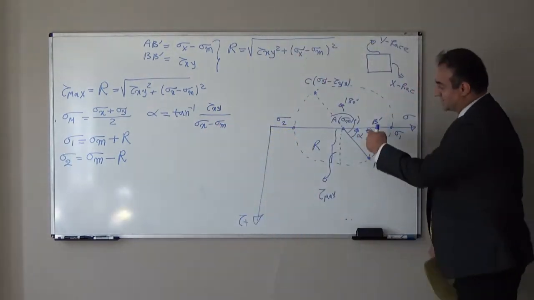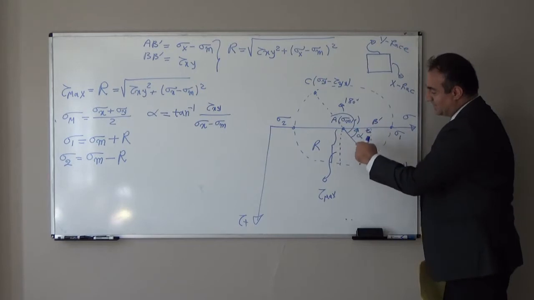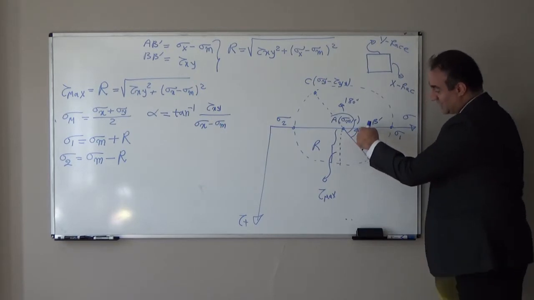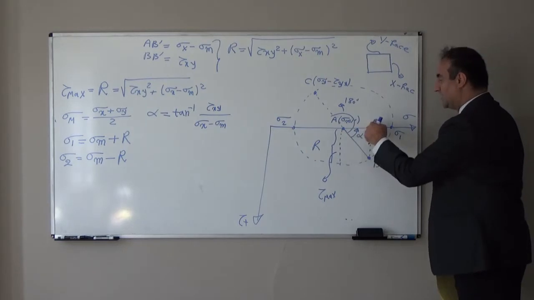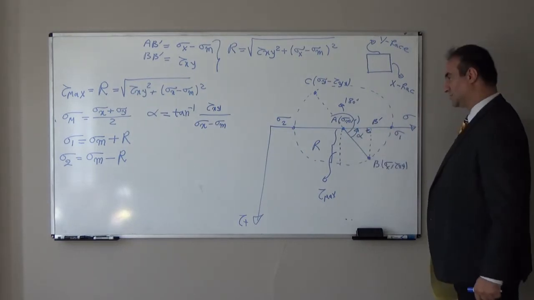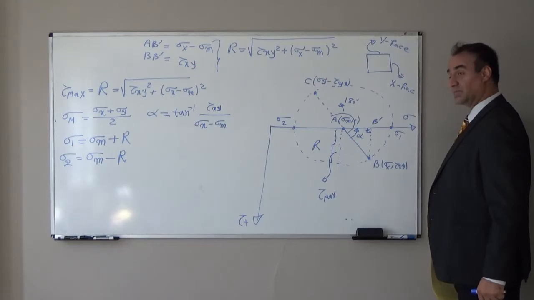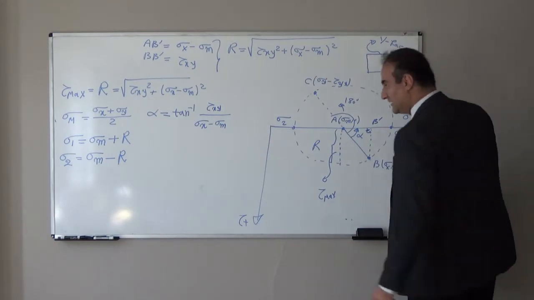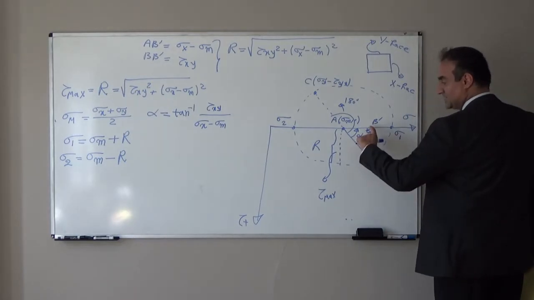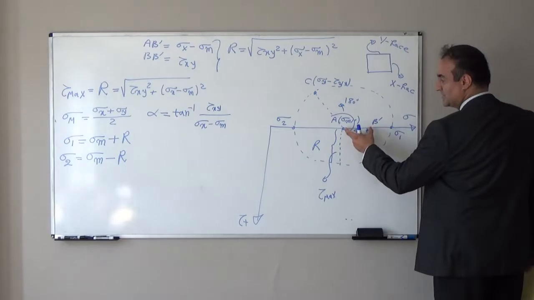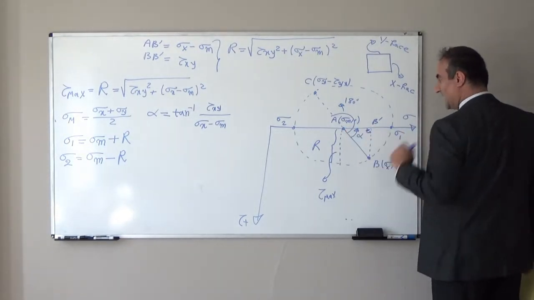Why? Because this is a right angle triangle: tangent alpha is equal to BB prime divided by AB prime. So to find angle alpha, it will be the inverse tangent of tau xy, because this height is tau xy, divided by this length, which is sigma x minus sigma mean or average.